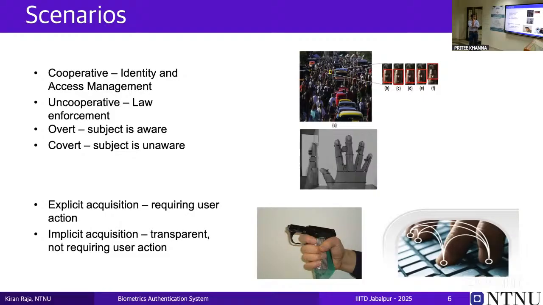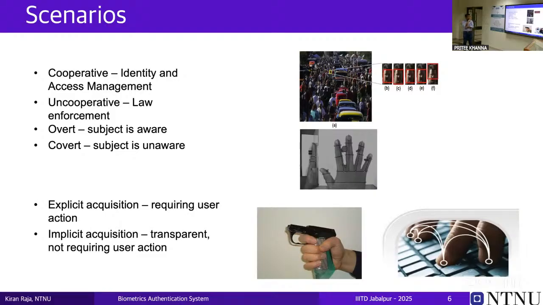And then we also have two other aspects, which are acquisition and authentication. In the case of explicit acquisition, you will interact with the system. A common example is that if I ask you to give your face picture, you'll take up your mobile phone, look at it, and then take a picture.